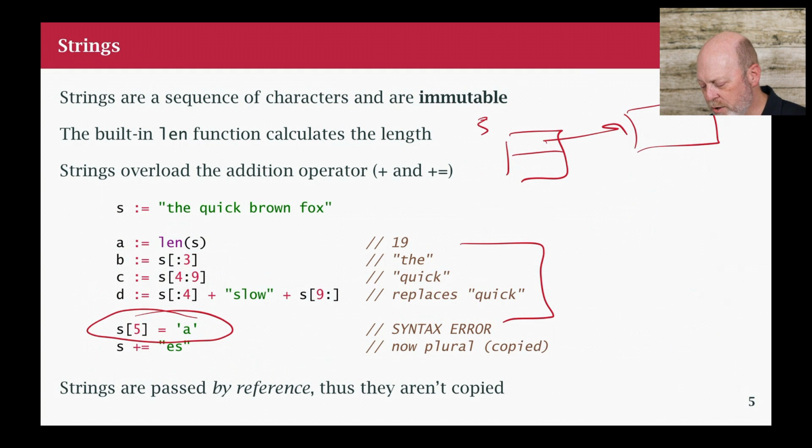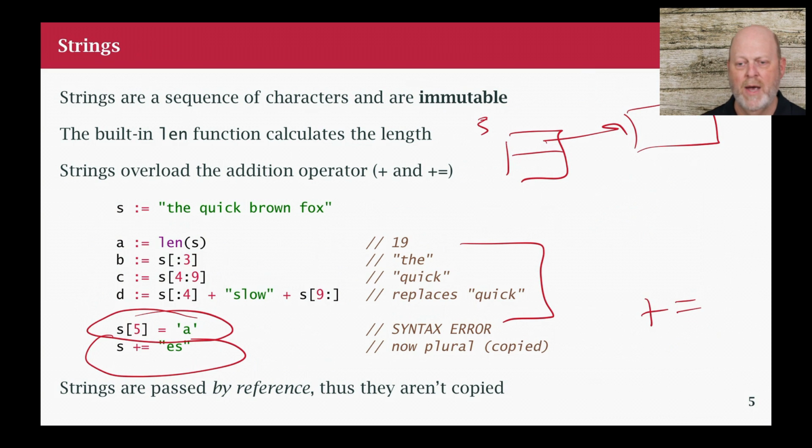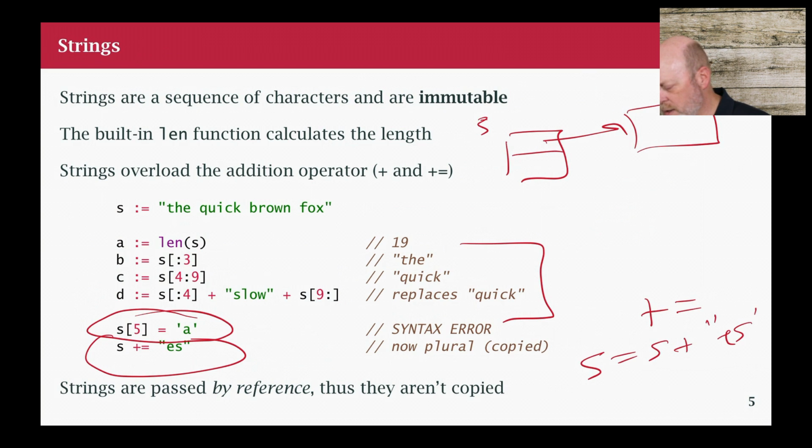But this last operation is interesting, and the plus equals operator is primarily for numbers. It's an operator that says, hey, add this thing and then assign back. So it's just a little squashed, easy operator. It's the same thing as saying S equal S plus the string ES. Now, how does that work?